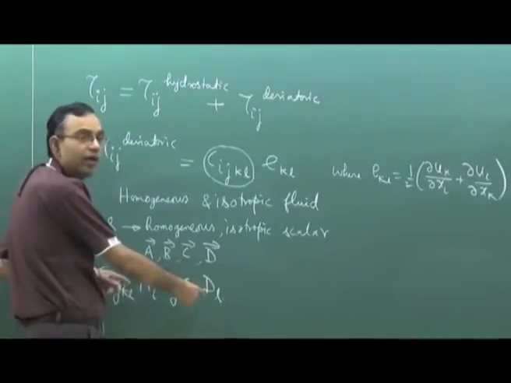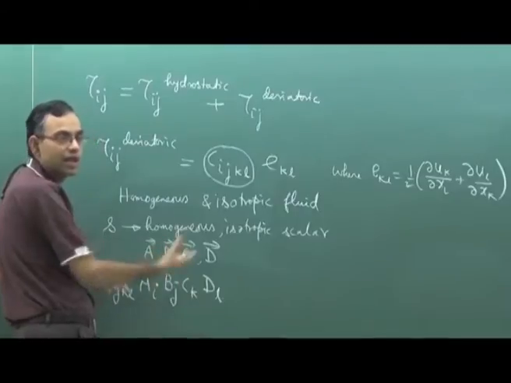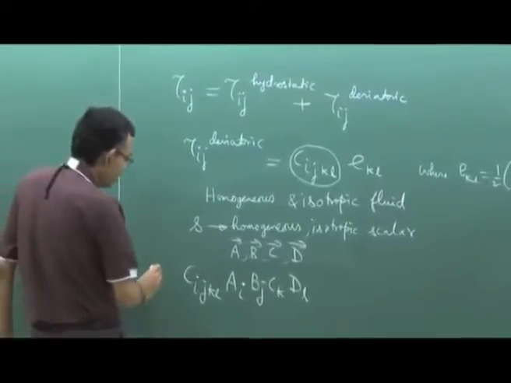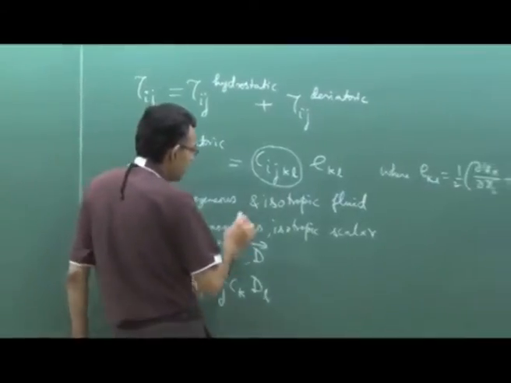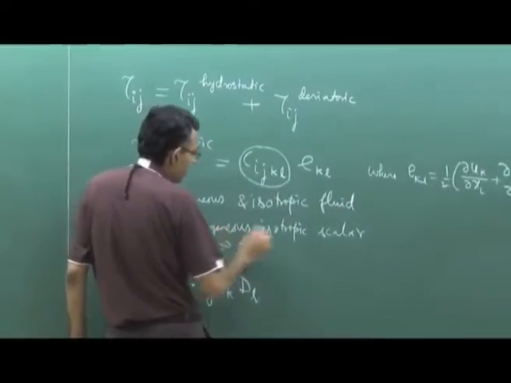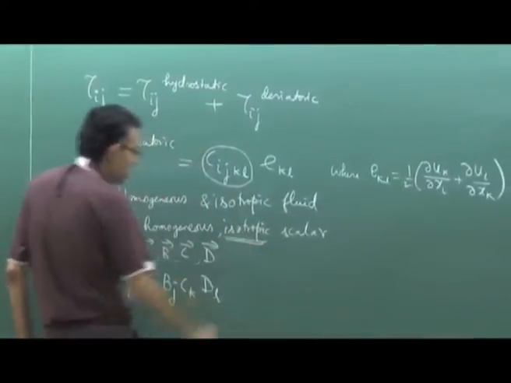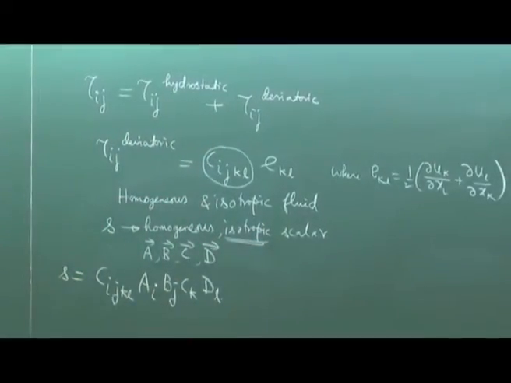Finally it will have no index, so it will be a scalar. But we want it to be not just any scalar but a homogeneous and isotropic scalar. So first we will look into isotropy.